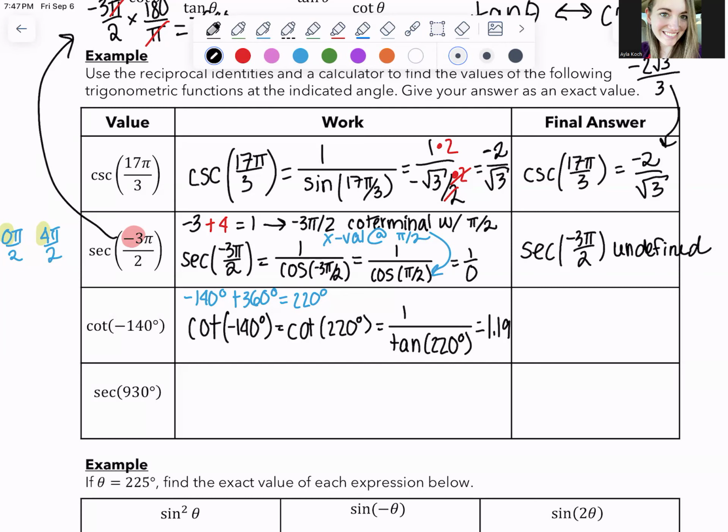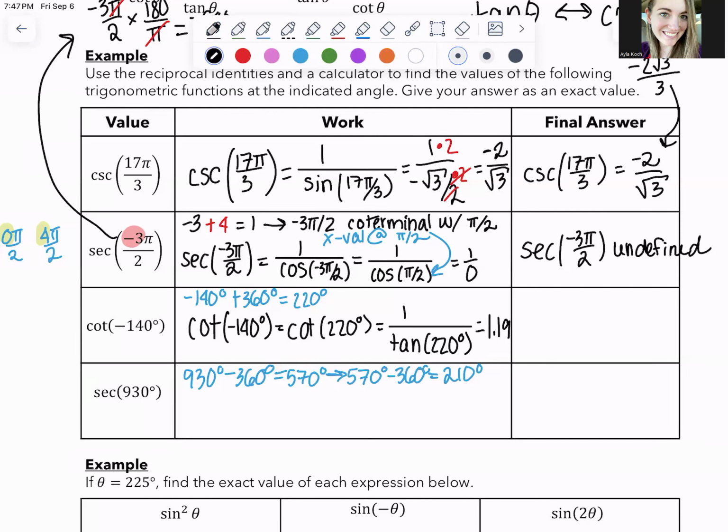All right. Secant of 930 degrees. So we're going to play the same game. 930 degrees minus 360 is 570. 570 minus 360 is 210 degrees.